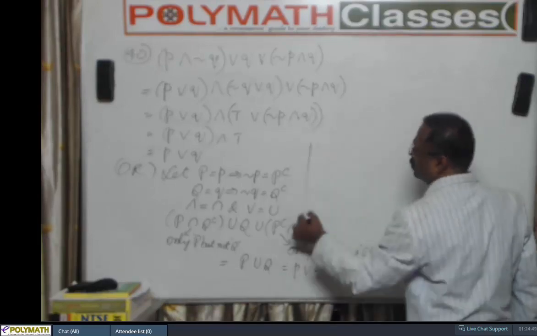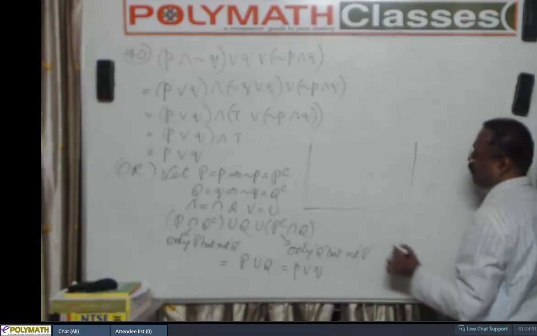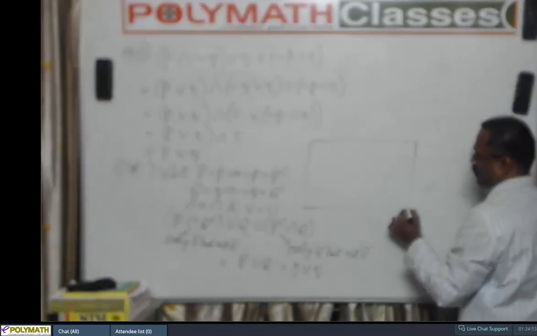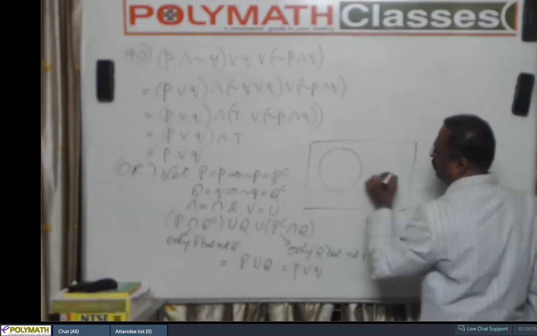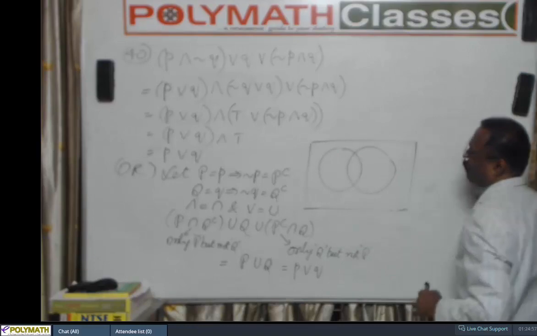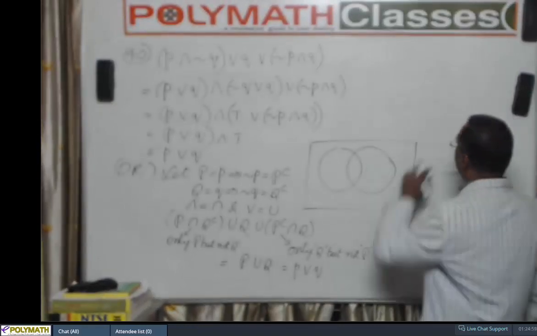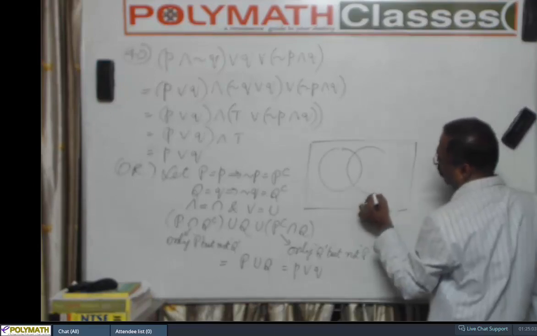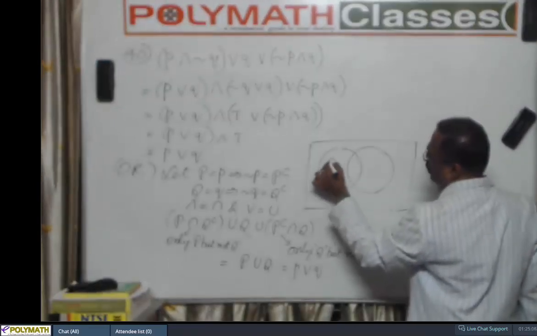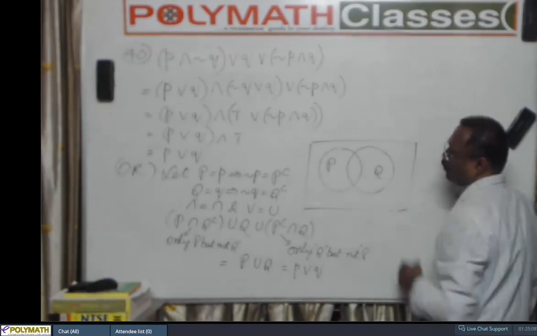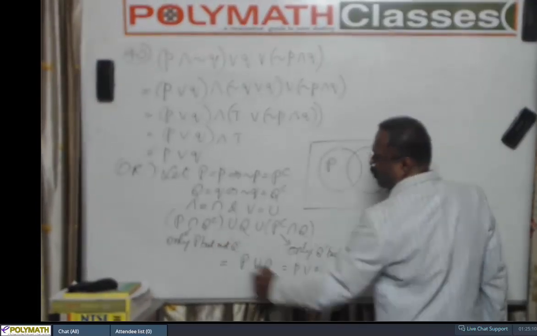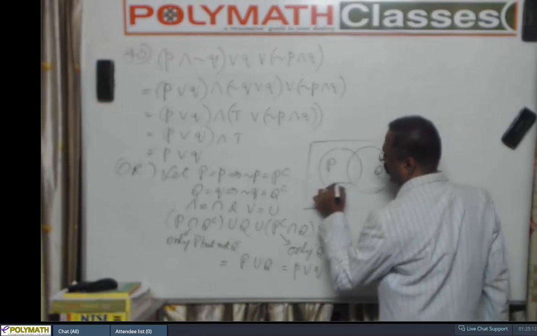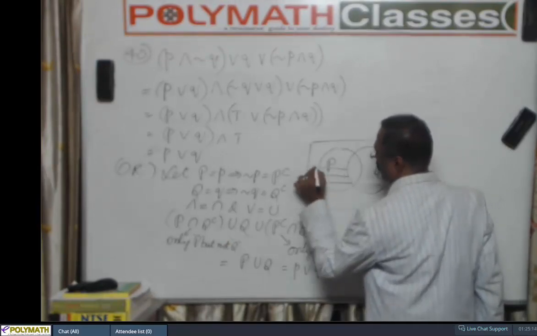If you want to see the Venn diagram, this Venn diagram goes like this. It is P, it is Q. First part is only P but not Q. I am showing like this with the horizontal lines.